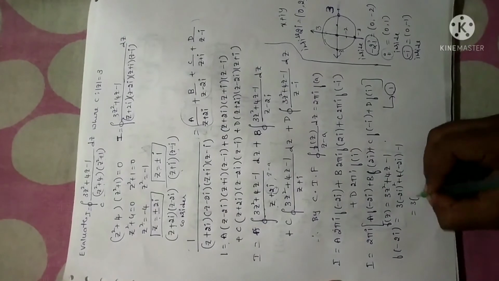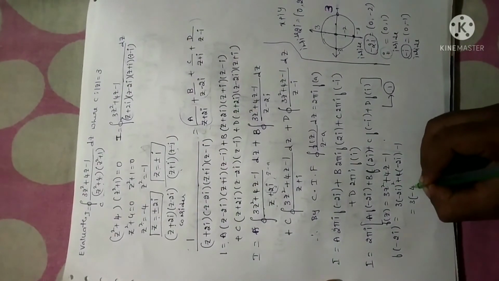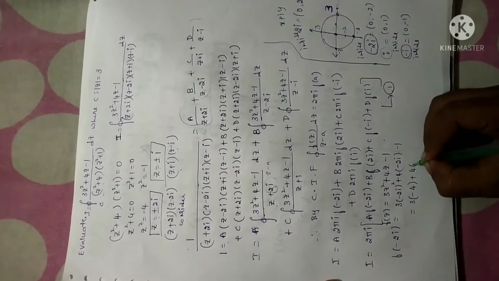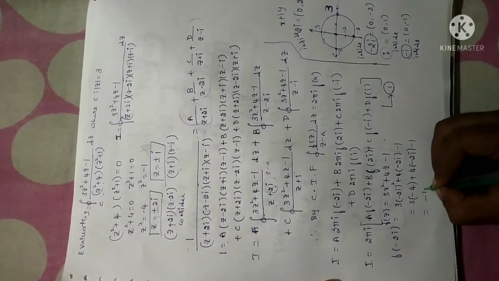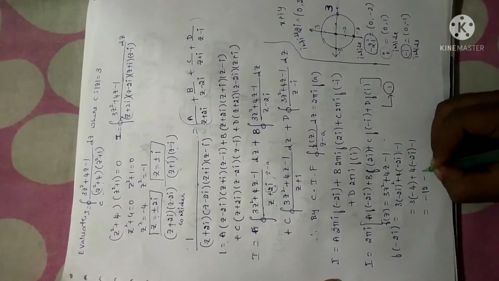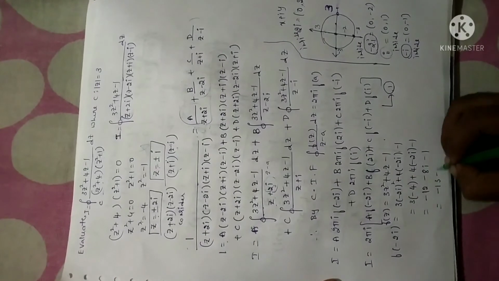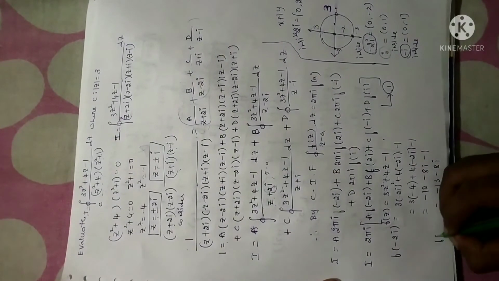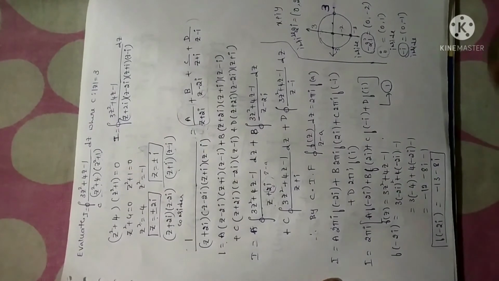So you will get 3 into, minus square is plus, i square value is minus 1. So 2 square is 4, giving minus 12, plus 4 into minus 2i, minus 1. Again, minus 12 minus 8i minus 1. Again what is it? Minus 13 minus 8i. So f of minus 2i value is minus 13 minus 8i.